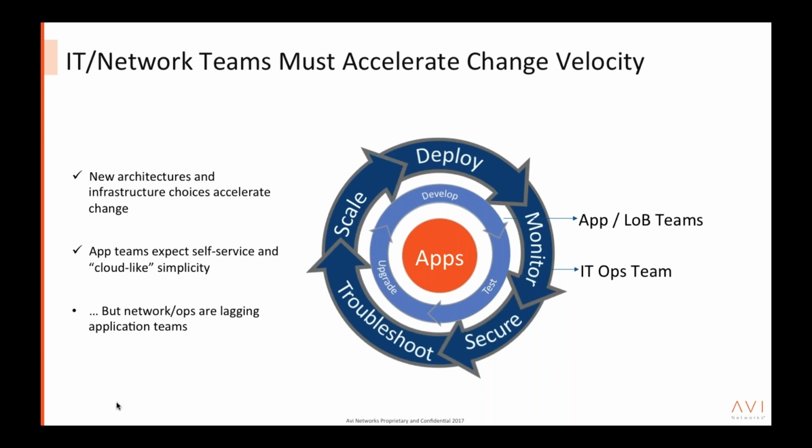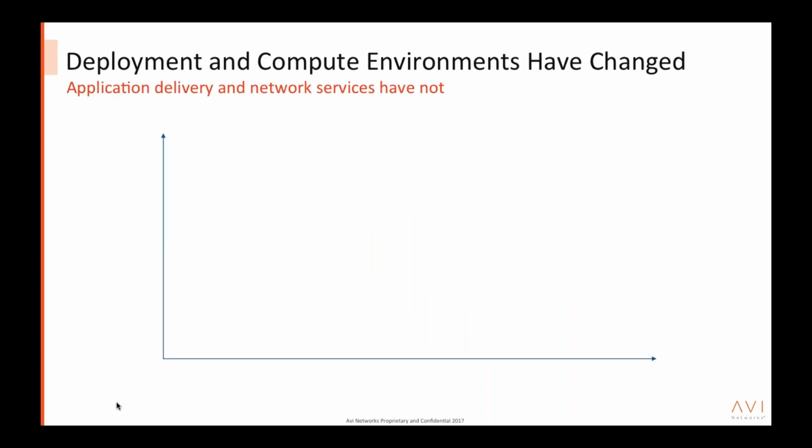The days of ticket-based creation of VIPs or deploying load balancers or manual capacity management or waiting for 3 to 6 weeks to get the new capacity added, those are gone. And that is why we see a need for smart load balancing.